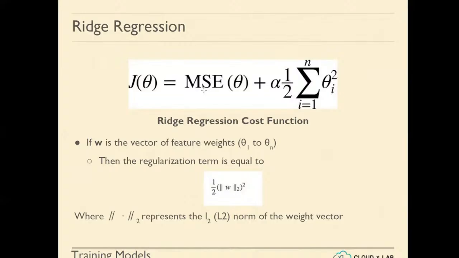If you want to decrease model complexity, should I increase alpha value or should I decrease alpha value? So can I control model complexity using this alpha value?